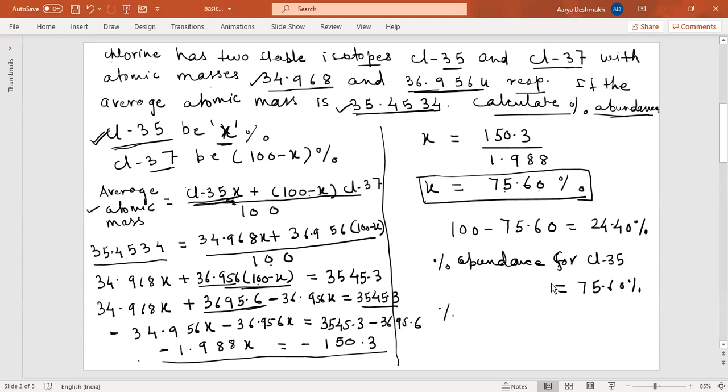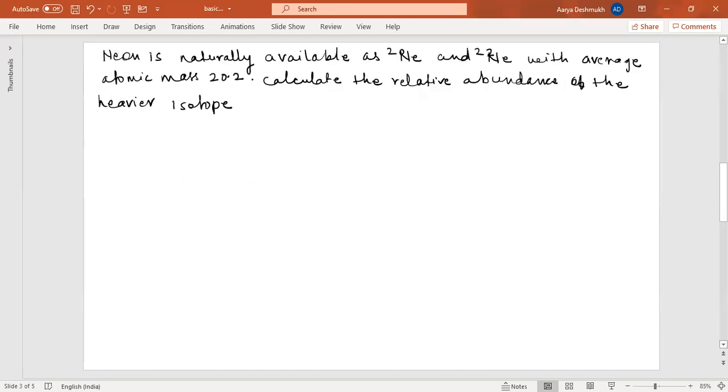And the percentage abundance for Cl37 was found to be 24.40%. So I tried to keep everything on the same slide. So in this way, you can calculate the percentage abundance if the atomic masses and the average atomic mass are given and vice versa. Now you can proceed to the next problem.